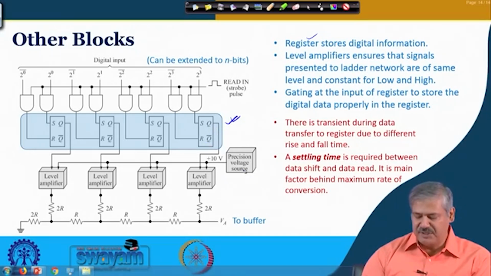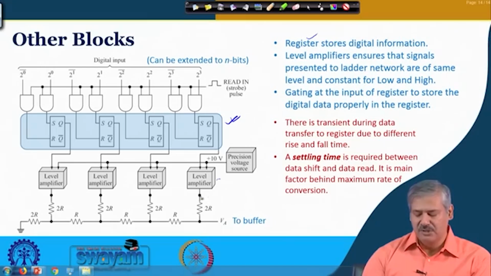So, this precision voltage source and level amplifier holds a value at its output, which is a very precise voltage of say 0 volt or some higher voltage, in this case say 10 volt, when this digital to analog conversion is happening. It should not change.